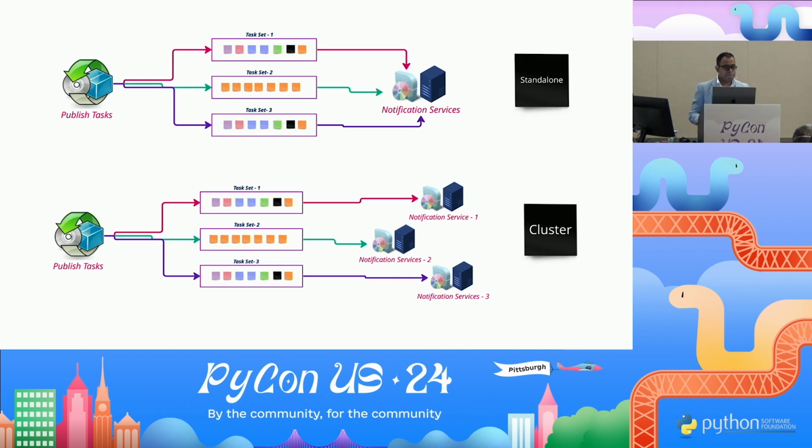Okay. And these task queues again can be used in two scenarios. Scenario number one, when you have no hard real time requirements. So, what is a real time requirement? What is the meaning of real time?